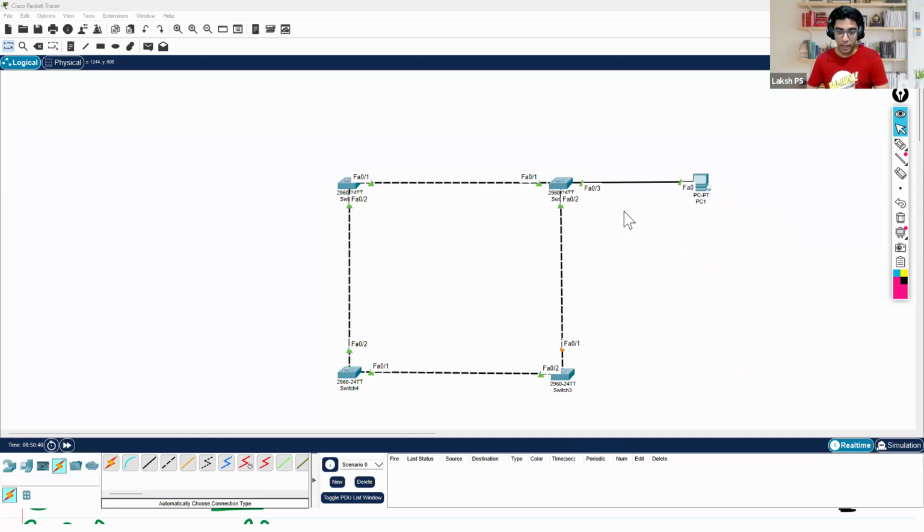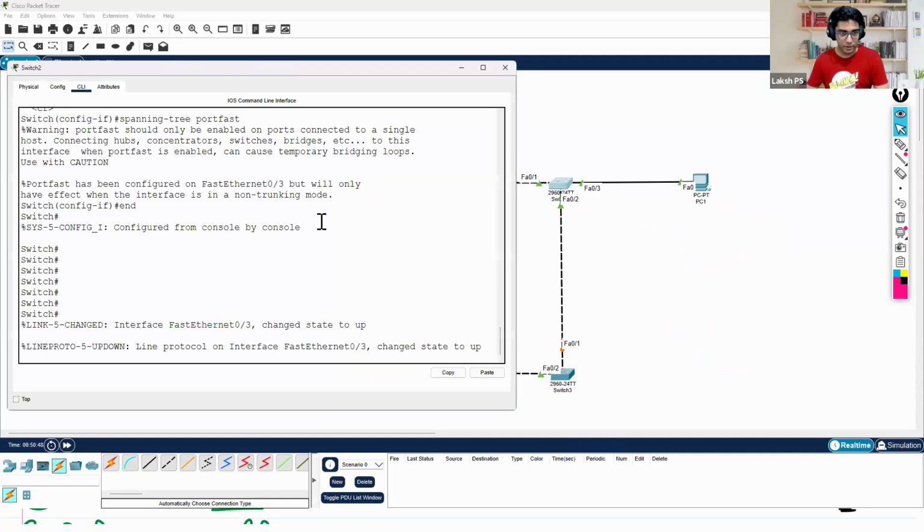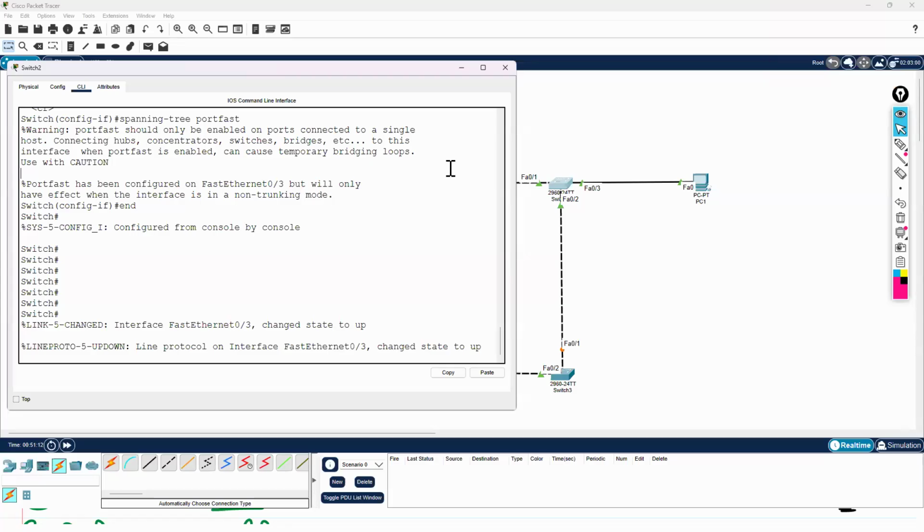And again, as the switch warns us, you should enable port fast only on interfaces where a single host is connected. If you're connecting a switch or any other networking device, it can cause temporary bridging loops. So make sure that you are connecting only an end host to it. Clear with port fast? Yes, it's clear.